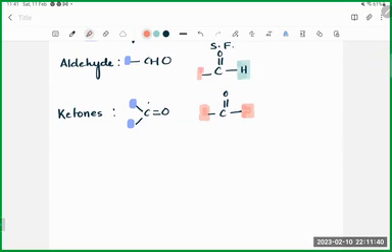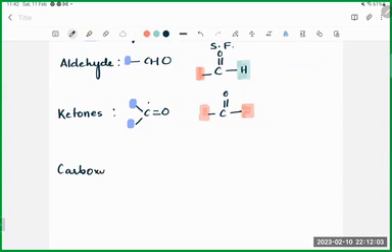Here we have one side methyl and the other side hydrogen, whereas in ketones you have both sides as alkyl groups. So the difference between aldehydes and ketones is the group attached to the carbonyl, which can be alkyl.